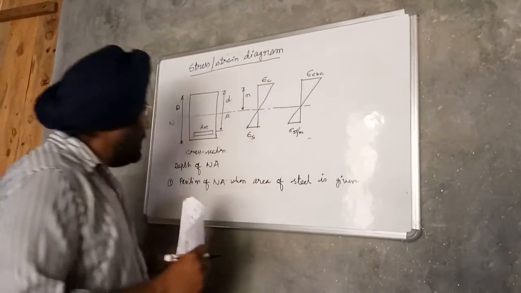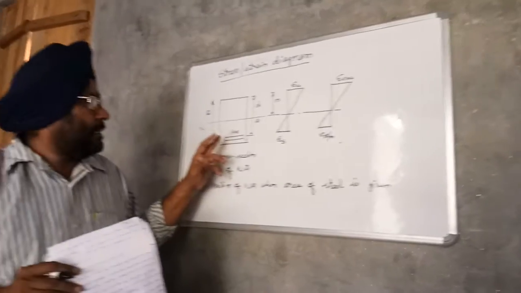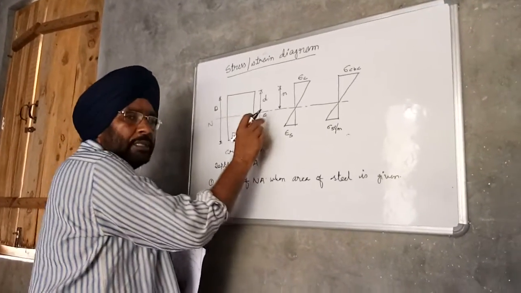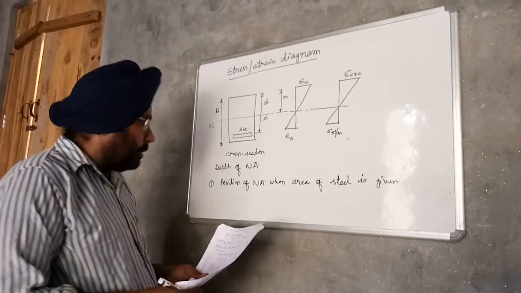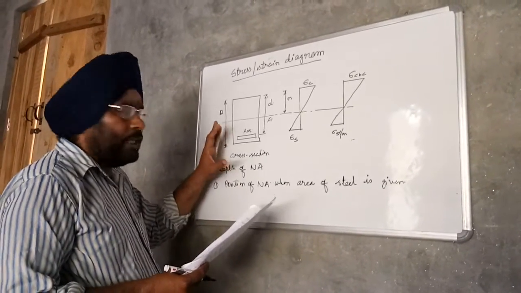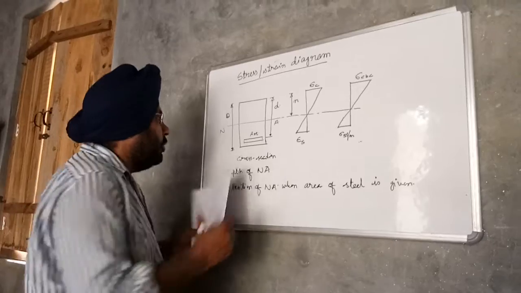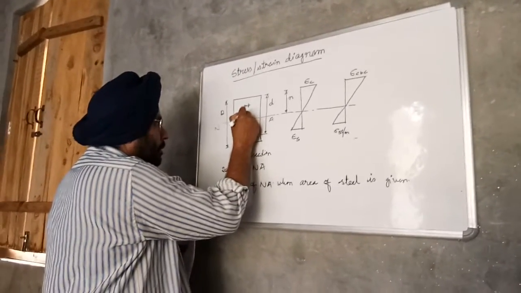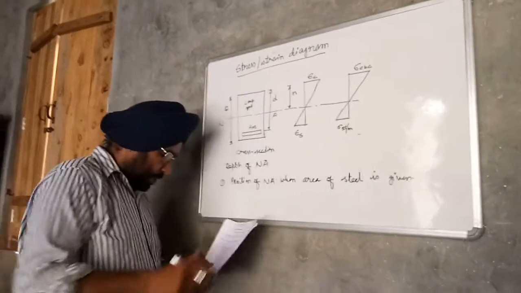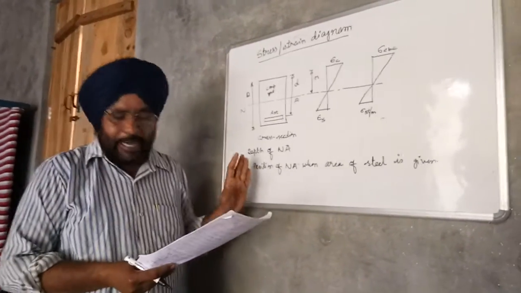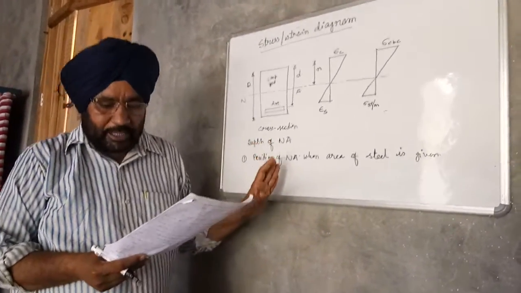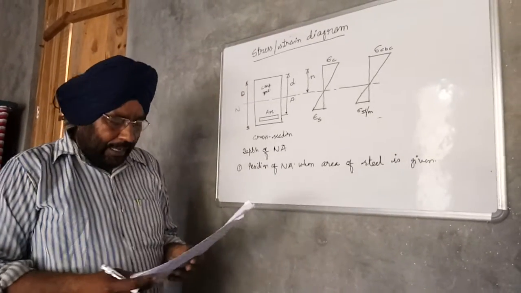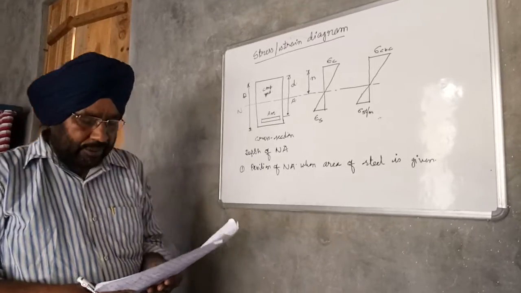It means Ast, the cross sectional area of the steel, is known to us. NA means neutral axis. The neutral axis divides the composite section into two zones, the compression zone and the tension zone. The neutral axis lies at the center of gravity of the composite section, consisting of the concrete area on the compression side and the area of the steel on the tension side.